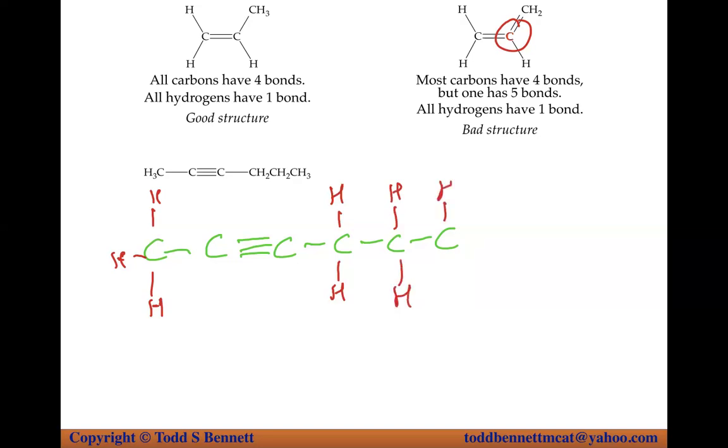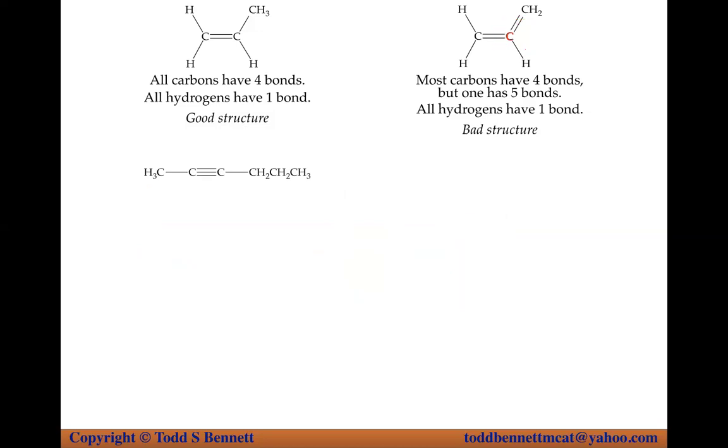And then 1, 2, 3 bonds to H, call it a CH3. Okay, so 4 bonds, check. 4 bonds, 4 bonds, 4 bonds, and 4 bonds, everything's set. All the hydrogens have 1 bond. So that structure is valid. All the carbons have 4 bonds, all the hydrogens have 1, good structure.